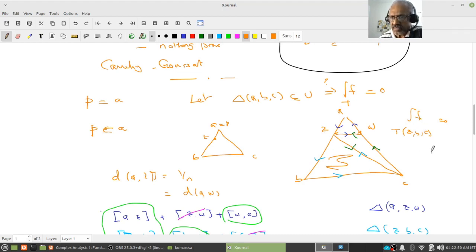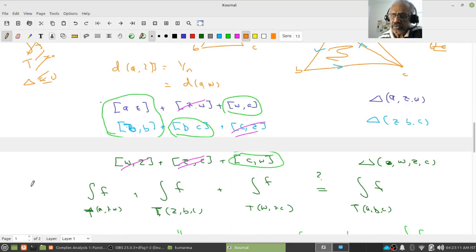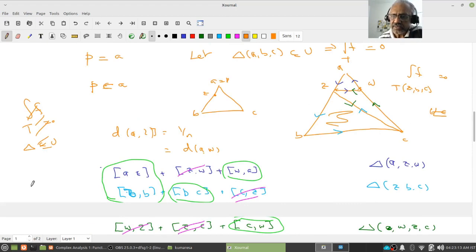This triangle is contained in U, and U is star-shaped and open, and f is analytic here. That's good enough for me. All I needed was that the integral of f over any triangle contained in U is 0. That's what we proved. So that will be 0, and similarly this triangle is 0.